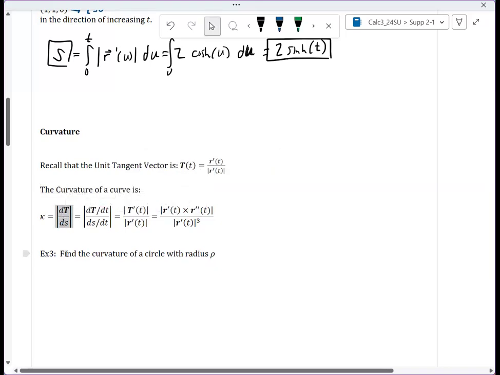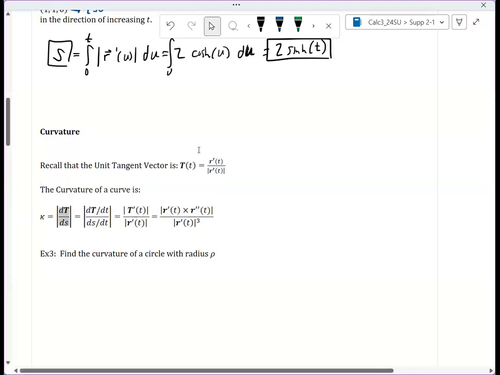Essentially, we want to take the derivative of T. We want to take something like the second derivative of position to get curvature. That seems consistent with what we know from Calc 1, where things like concavity were related to the second derivative. So that seems to be a plausible idea.